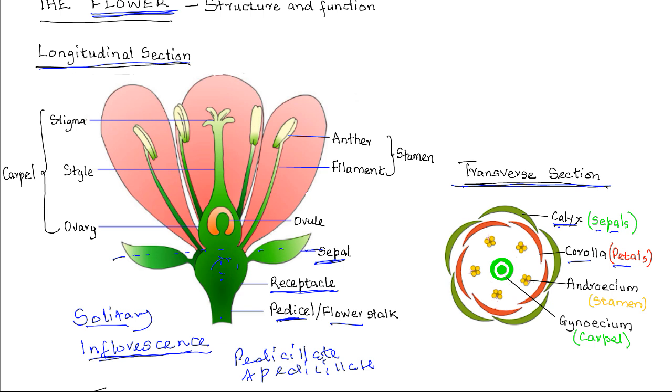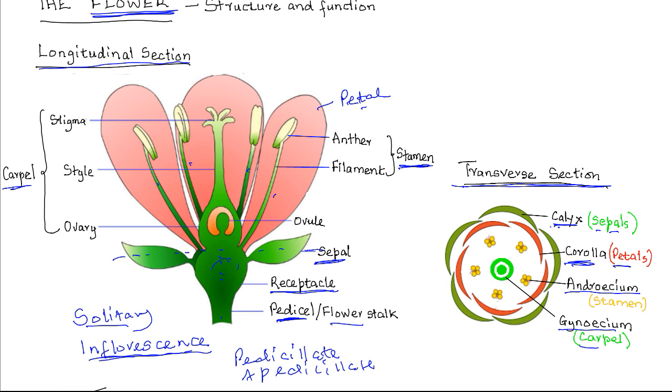Then the corolla, that is made up of petals. So this is a petal. The petals make up the corolla, the second ring. Then the third ring is known as the androecium, that consists of stamens. So these stamens make up the androecium. Then at the center, there is a gynoecium that consists of the carpel. So we look at each ring one by one, and describe the features and the function.